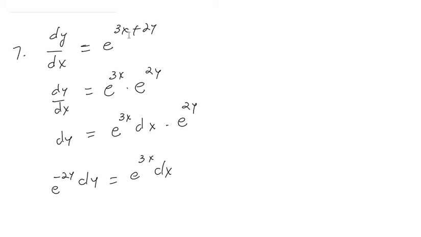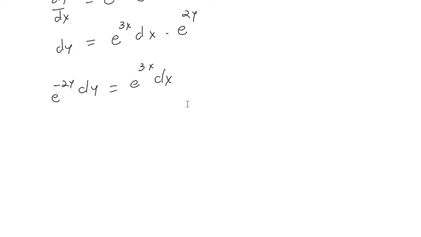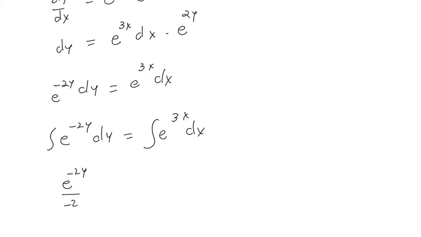Now we need to integrate them. So if I take integral on this side, minus 2y dy equals to, and if I take integral on this side, e raised to power 3x dx, what I will get is the same term here and only minus 2 in the denominator.